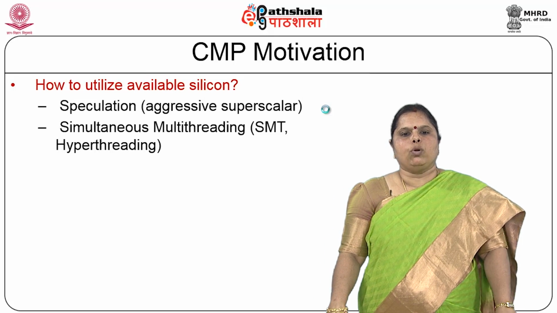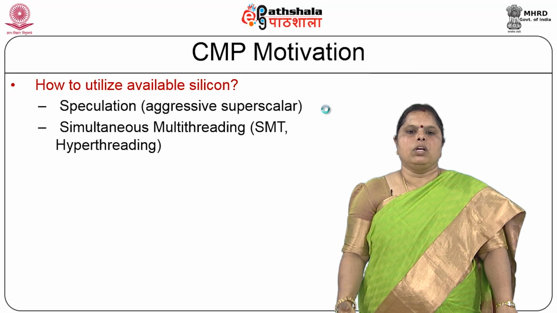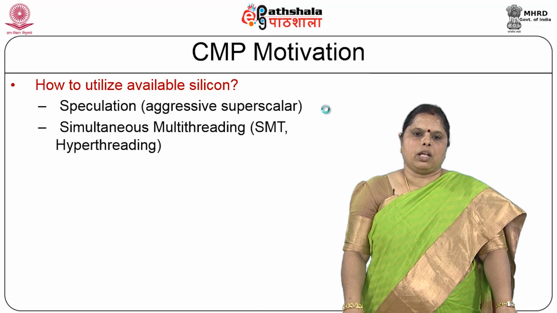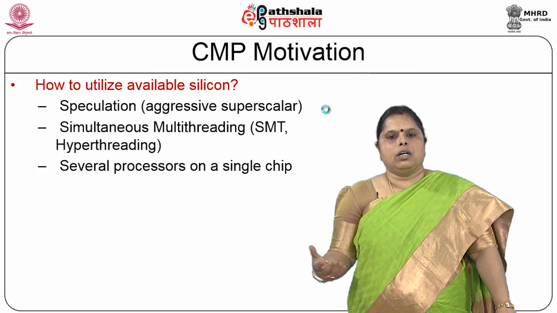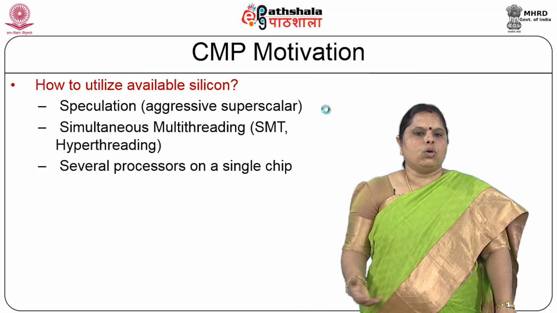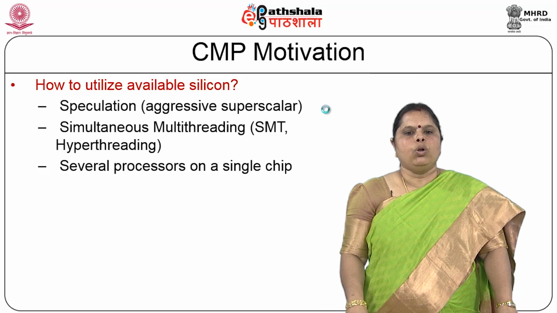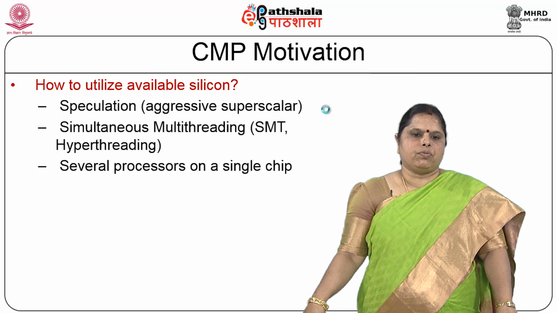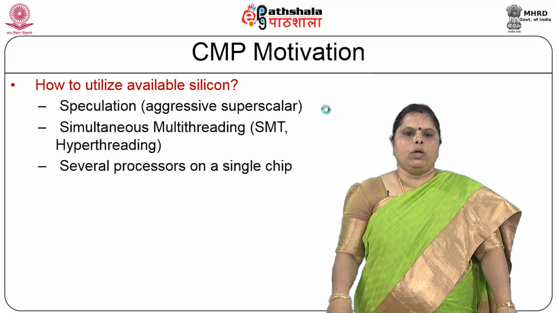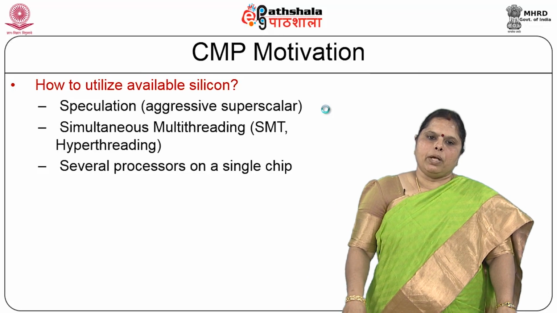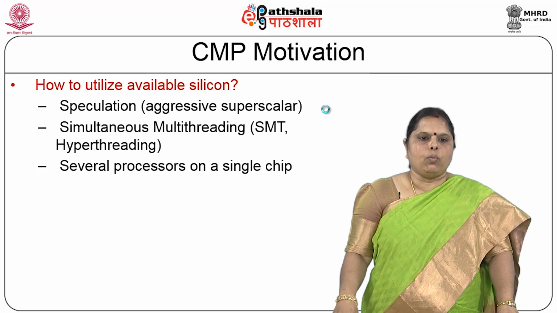Are you looking at making your processor more and more powerful by going in for speculation support, called an aggressive superscalar, or are you looking at providing support for simultaneous multithreading with SMT support or hyperthreading? When you support different threads of execution in one core, you will have to duplicate a number of registers, the program counter, the register state, the ROB, all of that. So, you are basically increasing the silicon size by going in for these techniques. That is one way of looking at it.